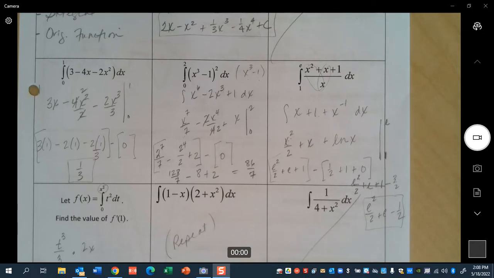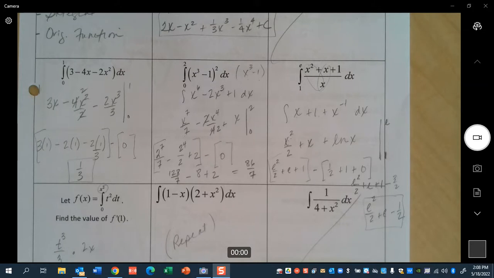So for this next one, this x can be divided into each of these three terms, and that gives me an x and a 1 and an x to the negative first. So when I integrate that, we can't follow the power rule, because if I take the power and add 1 to it and then divide, I'm dividing by 0, and that's a no-no.